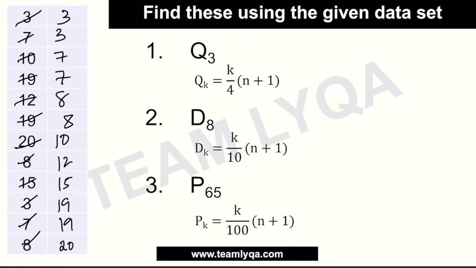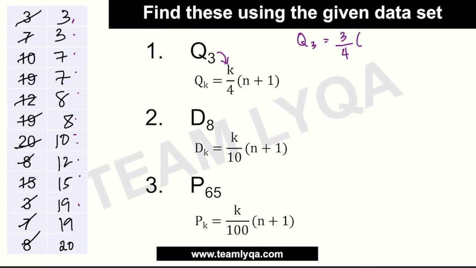Pwede natin isolve. Una sa lahat, yung quartile natin. Okay? So, sabi natin, kapag quartile, pwede nating i-substitute lang kung ano yung pwesto niya dun sa K. So, ang magiging formula natin, Q sub 3 is equal to K 3 over 4 times ang N natin, you have 1, 2, 3, 4, 5, 6, 7, 8, 9, 10, 11, 12.